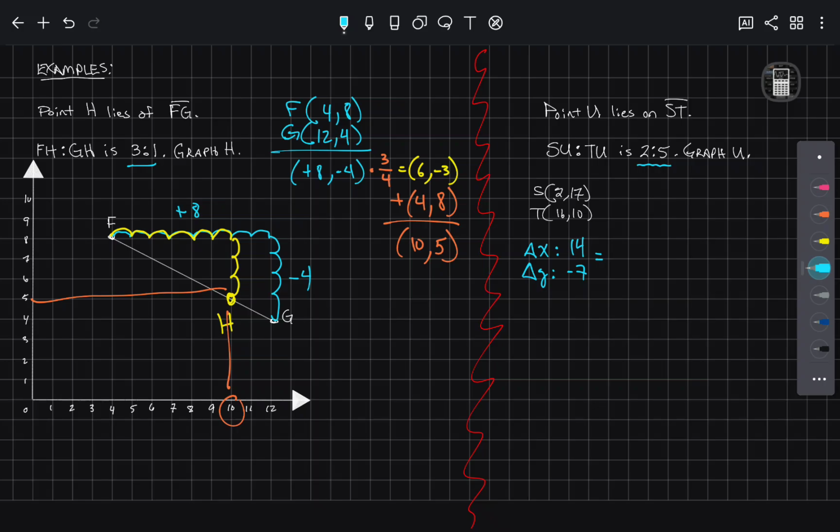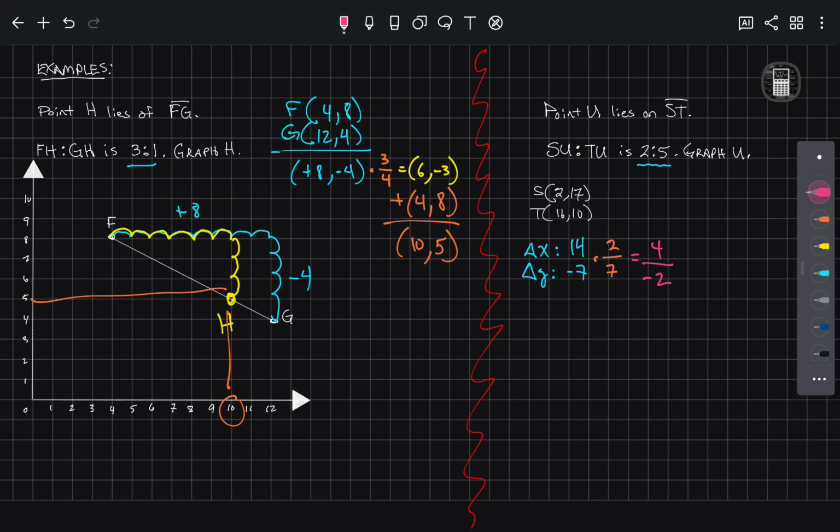So what we're looking for is 2/7. We're looking for 2/7 of that change. So 2/7 of 14 is going to be, well, 1/7 of 14 is 2, so then 2 of those would be 4. 1/7 of -7 would be -1, so 2 of those would be -2.